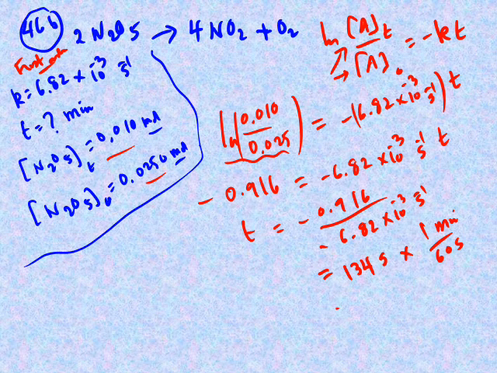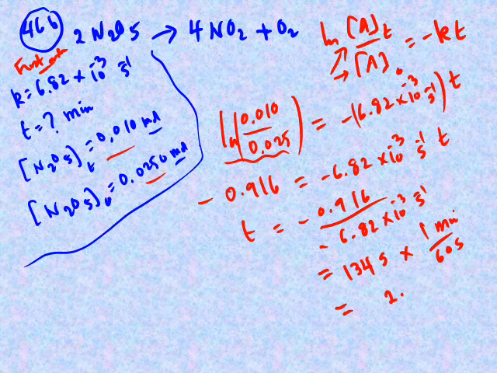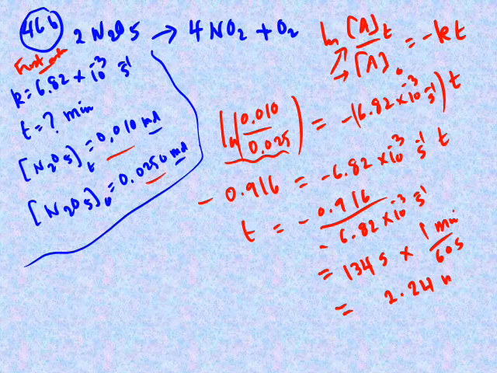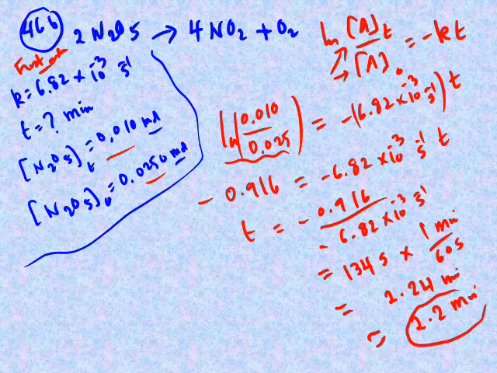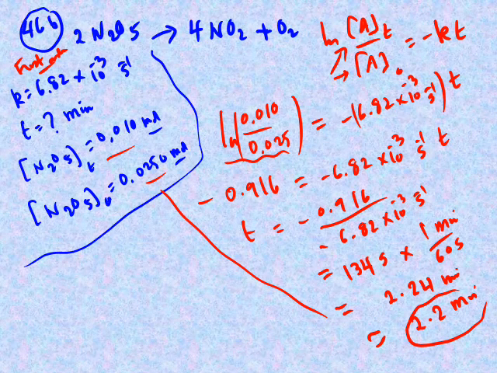So that gives me 2.24 minutes, or I can round it off to 2.2 minutes. So that's the answer to part B. After 2.2 minutes, the number of moles of N2O5 is going to decrease from 0.025 to 0.010.